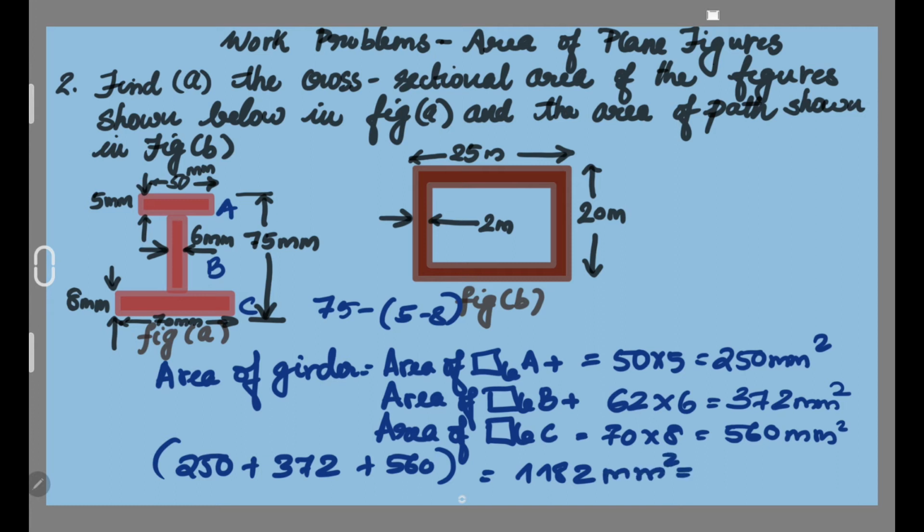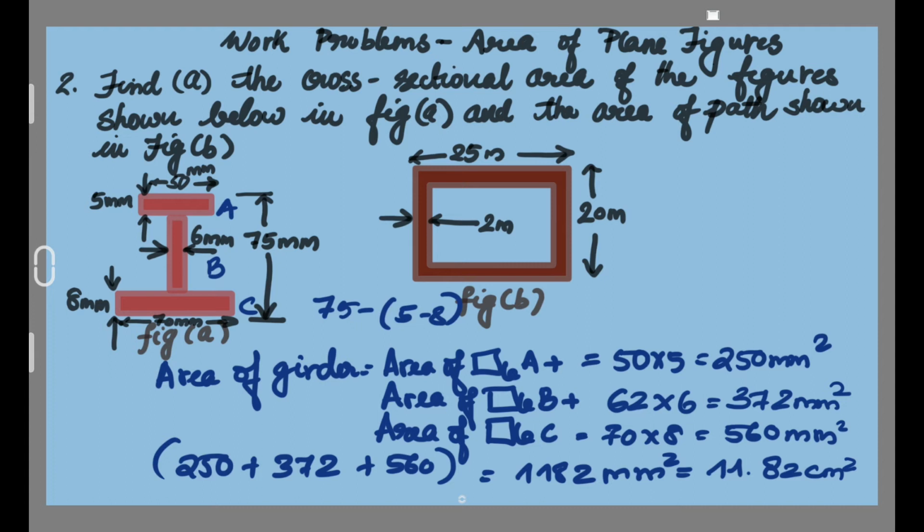When you want to express this in terms of centimeter square, you just have to divide by 100. So 11.82 centimeter square is the answer for the first part of the problem.